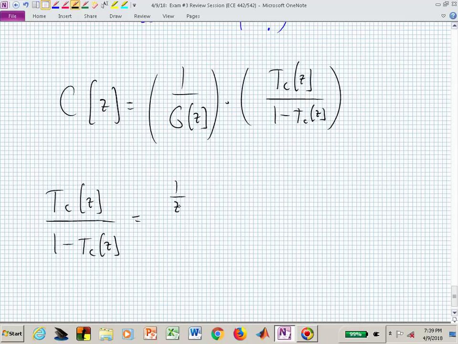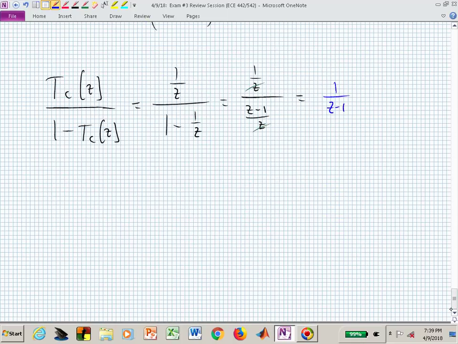That's 1 over z, our T sub c of z that we just found, over 1 minus 1 over z. So T sub c over 1 minus T sub c is going to be 1 over z minus 1.